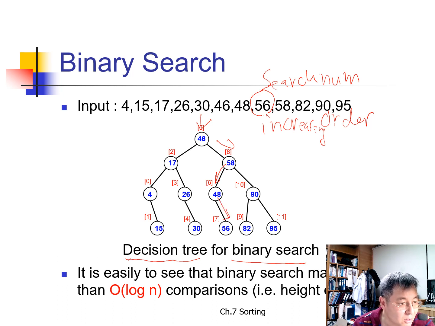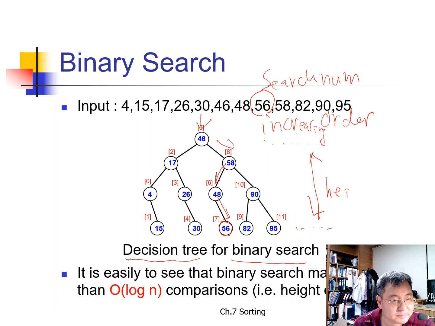Now the search num 56 is found. How many comparisons are needed to find 56? 1, 2, 3, 4.